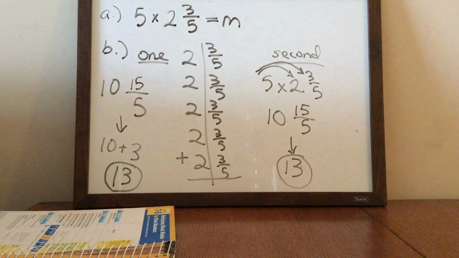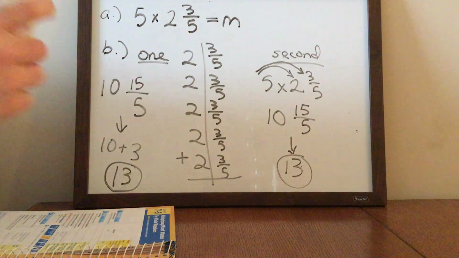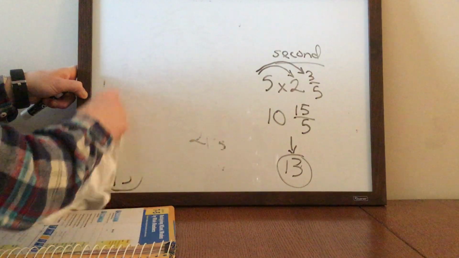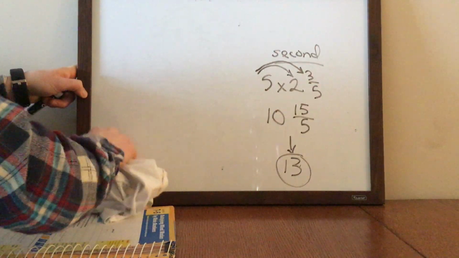Now the tough part is going to be to figure out how many minutes that is. While I erase the board, I want you to think about how many minutes are in 1 hour. So our answer was 13 hours.